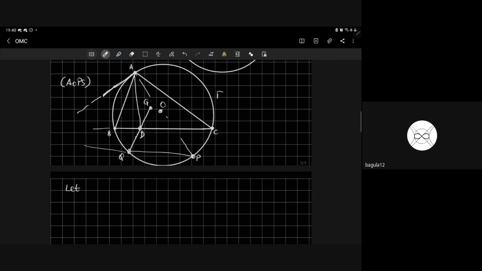Once again, ABC is acute and scalene. Can you just repeat what we have to prove? You're supposed to show that PQ, BC, and the tangent at A to gamma are concurrent.